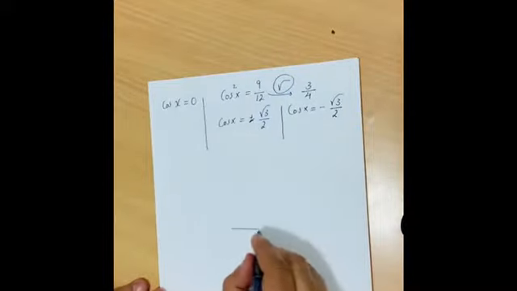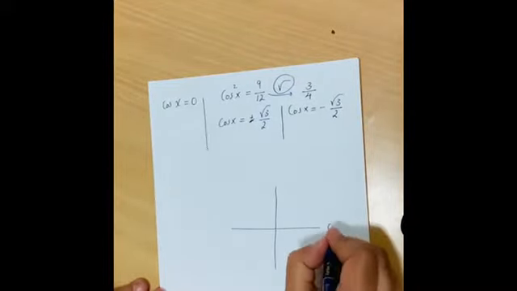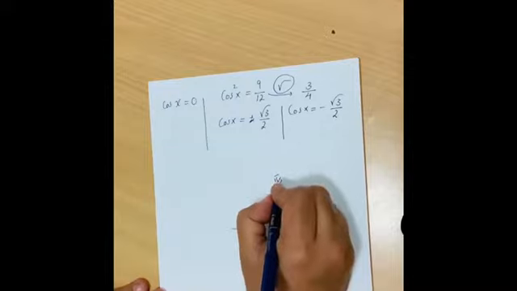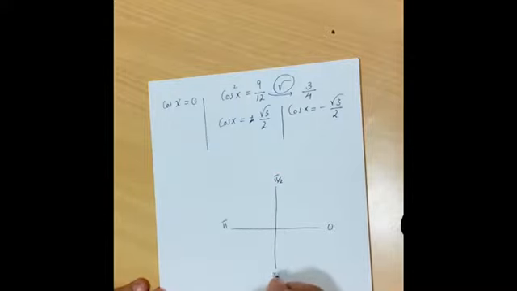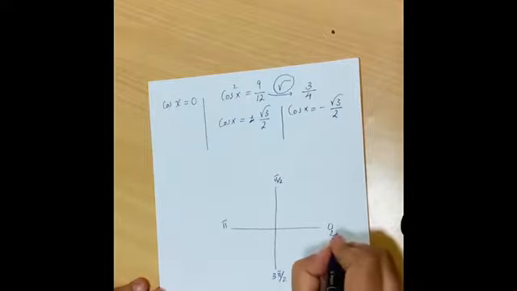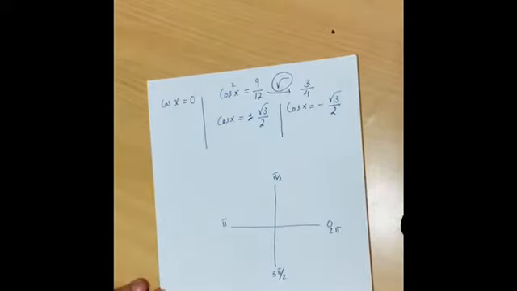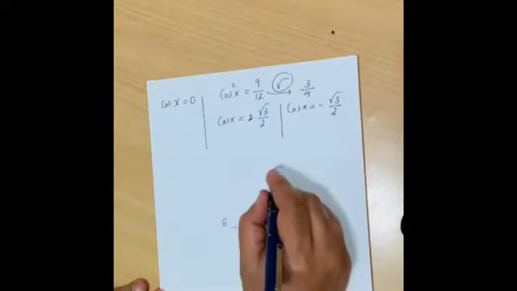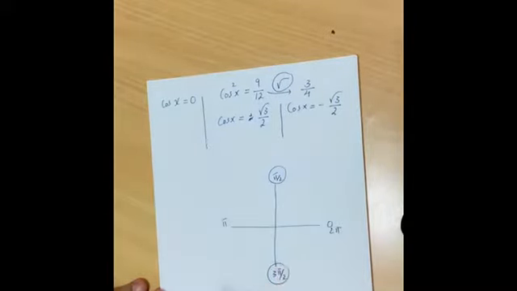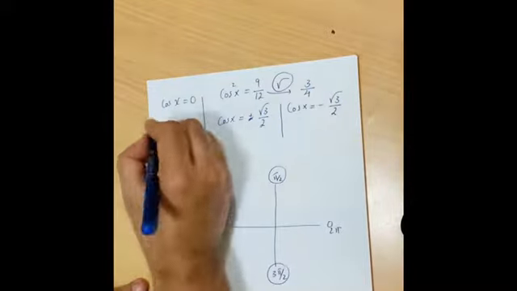Based on the range, this is the range: 0, pi over 2, pi, 3 pi over 2, and 2 pi. Cosine x is equal to 0. We have two angles in this range that will give you cosine equal to 0, which are pi over 2 and 3 pi over 2, 90 and 270.